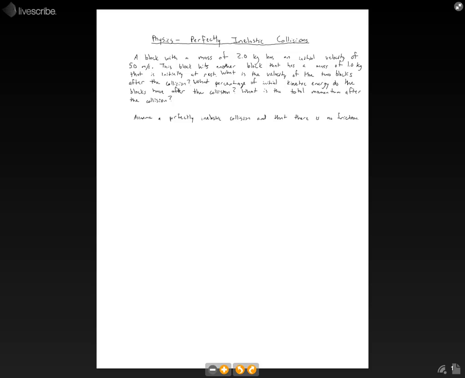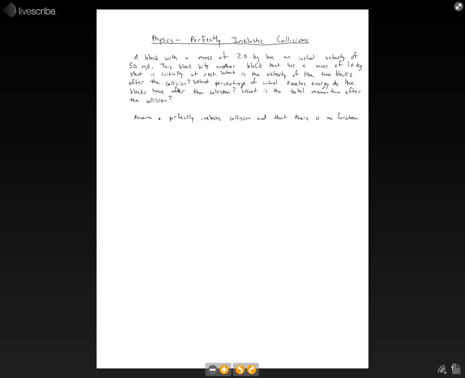Alright, so for this problem we have a block with a mass of 2 kilograms that has an initial velocity of 5 meters per second. And this block hits another block, and this other block has a mass of 1 kilogram, and that block is initially at rest.